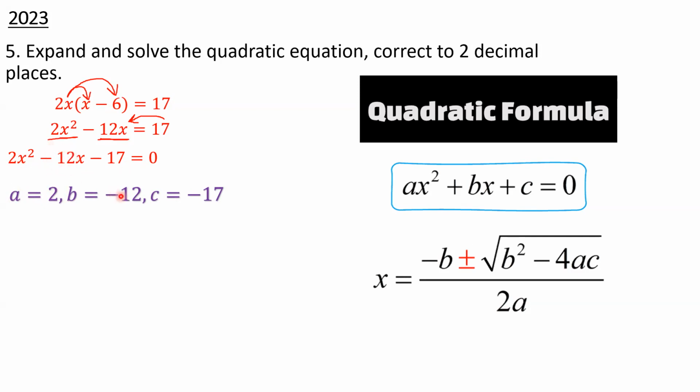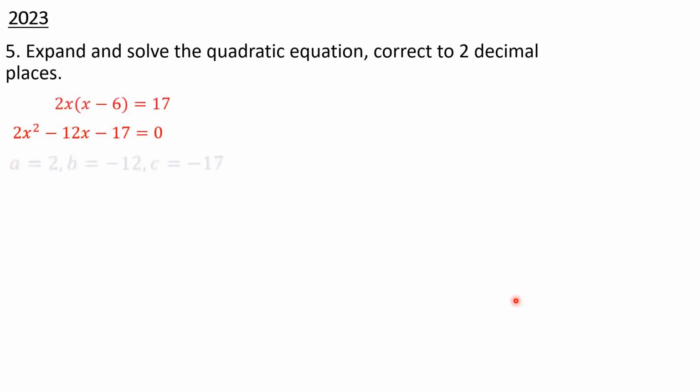And c is the constant, so c is negative 17. So a is 2, b is negative 12, and c is negative 17. We plug these into our formula to get the answer.